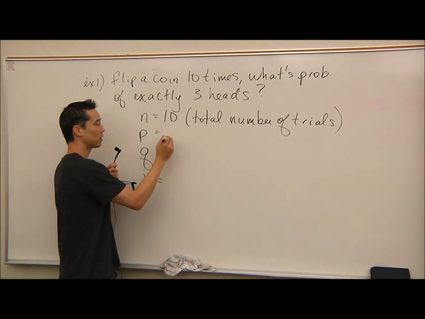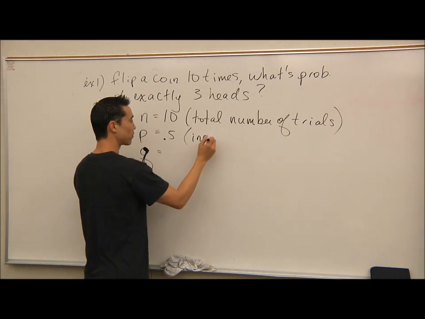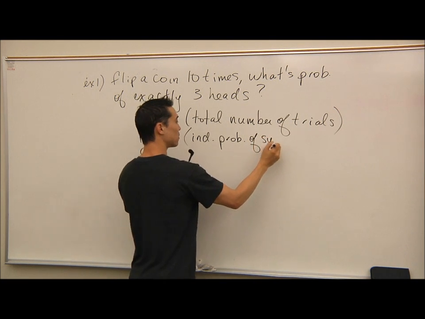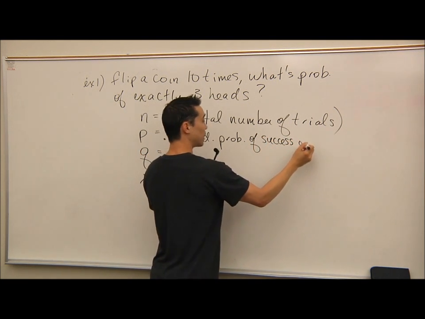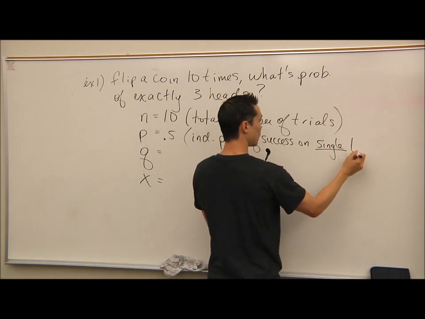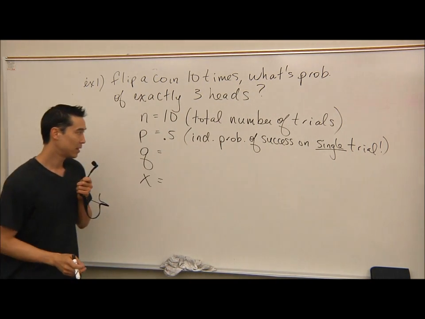Or 0.5. But in your notes, write down what this stands for. This is the individual probability of success on a single trial.